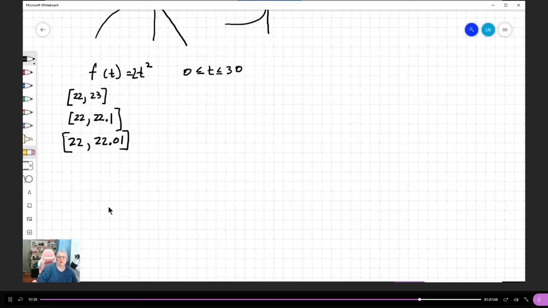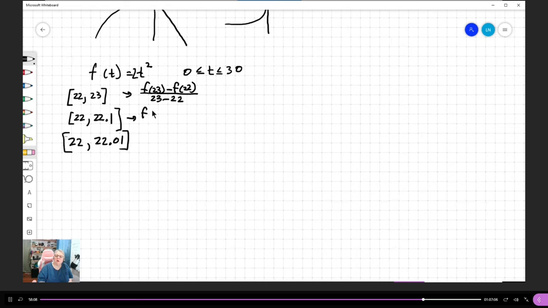If we look at the average rate of change, the difference in the y's over the difference in the x's, for the first one that is going to be f of 23 minus f of 22 over 23 minus 22.